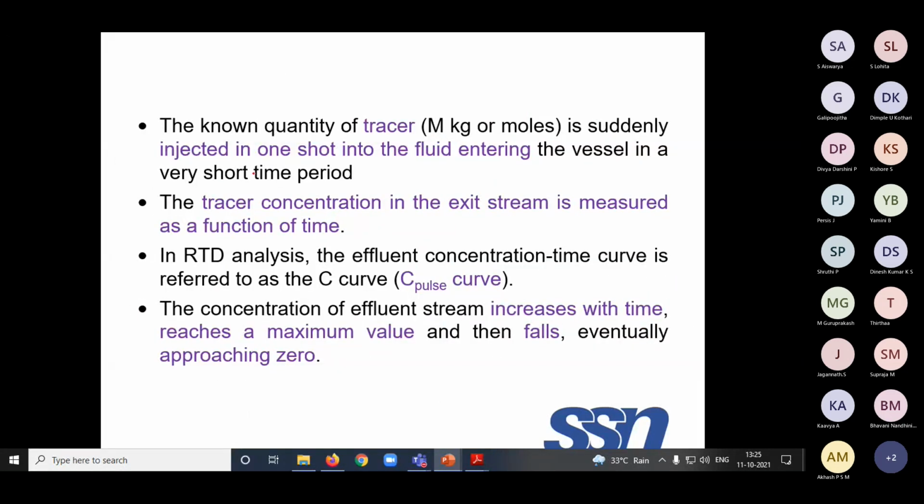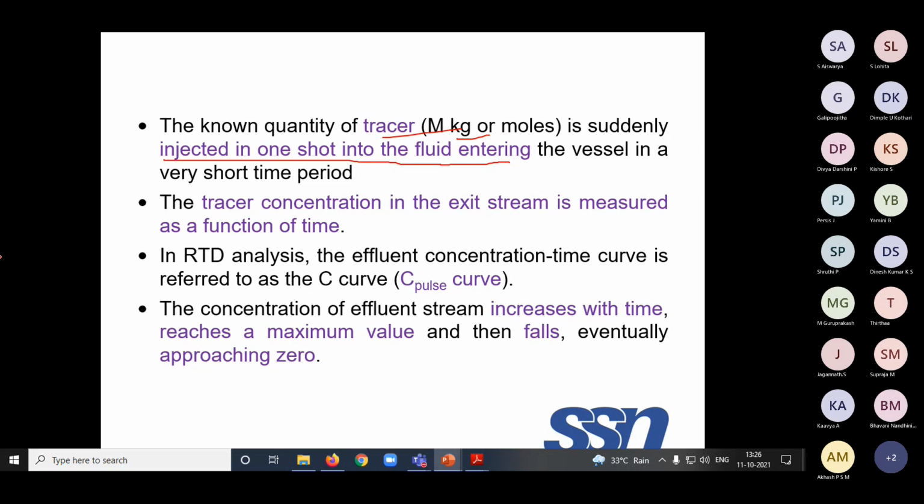A known quantity of the tracer, maybe m kgs or moles, is suddenly injected in one shot into the flowing fluid, just like you are introducing it through a syringe, right? For a very short period of time. If the period of time is long, then your input becomes a pulse.